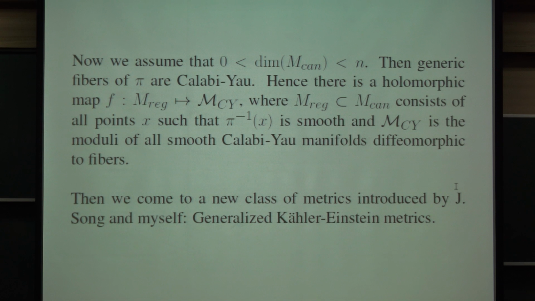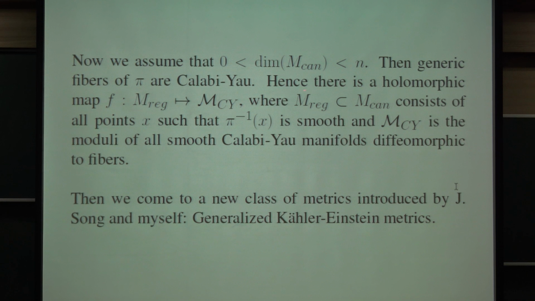Then in this case we have this map pi from your manifold. Let's just assume M^n is your original manifold, to a canonical model. The fibers this time have positive dimension, and the fibers are Calabi-Yau spaces.